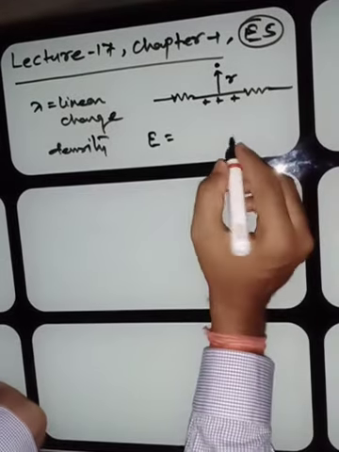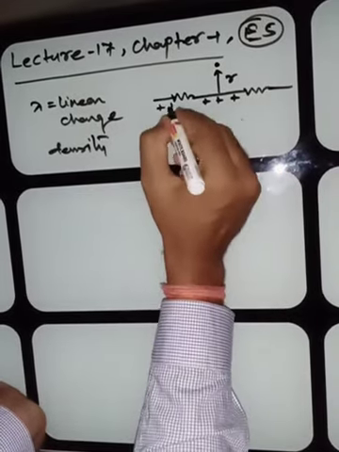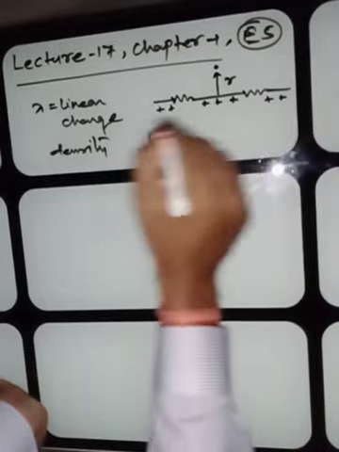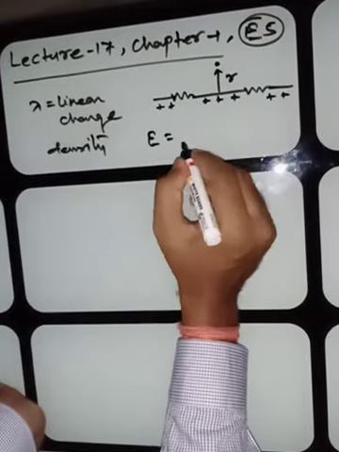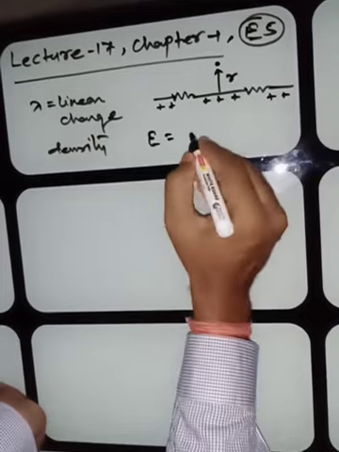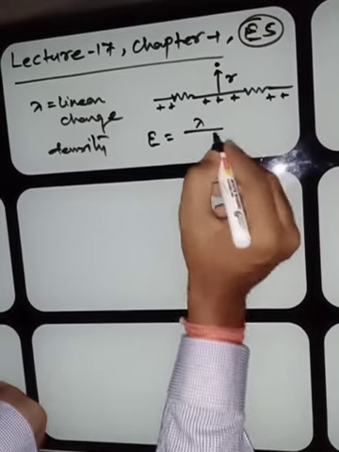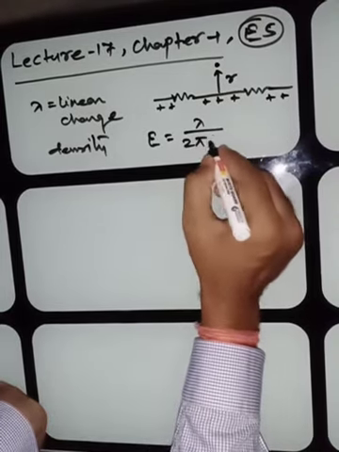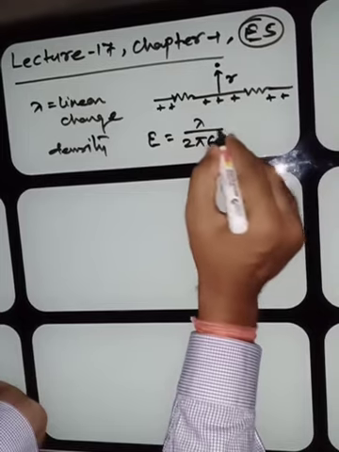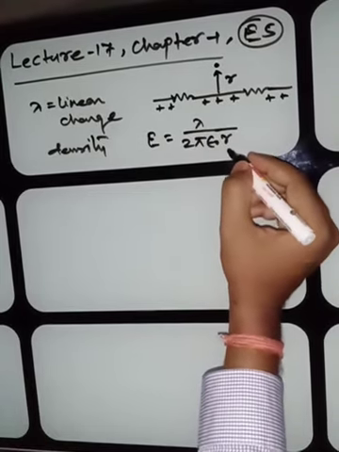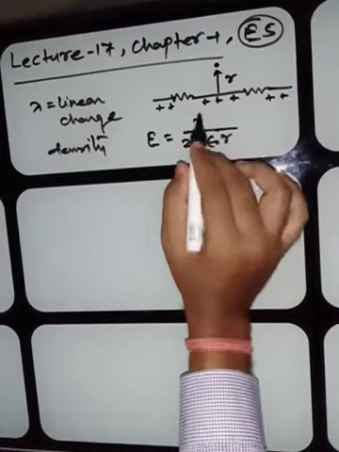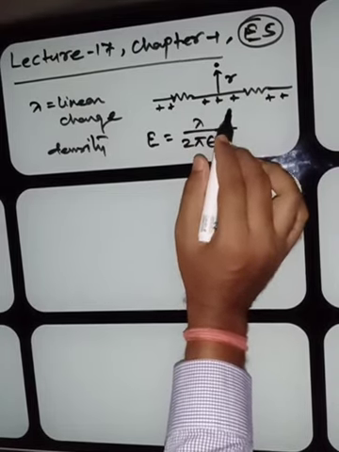The positive charge is distributed throughout the wire. E is lambda divided by 2 pi epsilon naught r. This was the formula that we derived in the last class for the conductor.